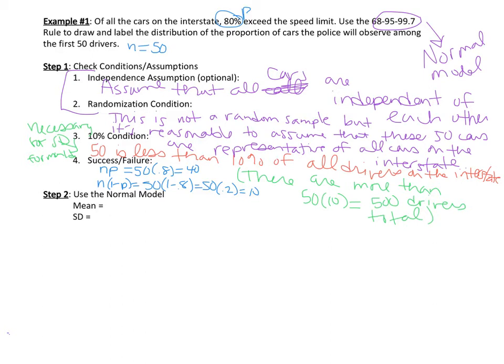So in this case, you can't just write this, you have to write a little bit more than that. You're going to have to say something along the lines of, since both of these are greater than or equal to 10, the success-failure condition is satisfied.